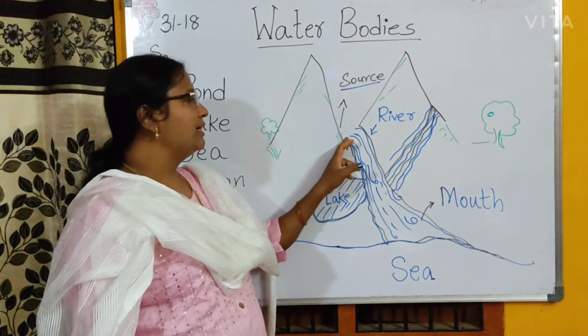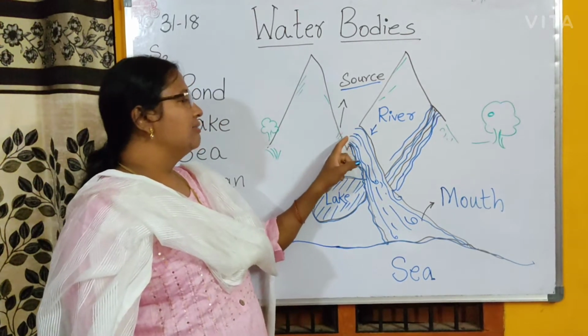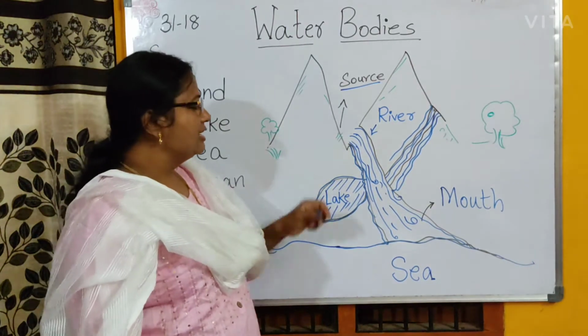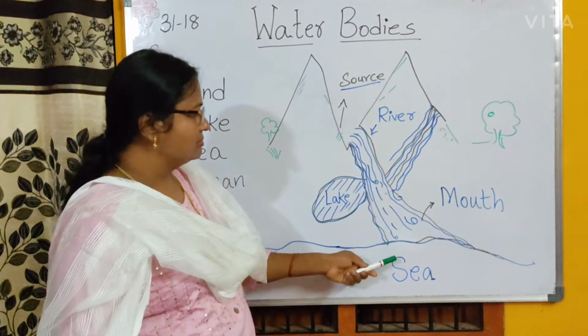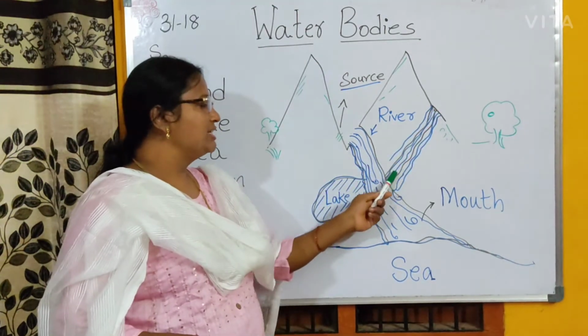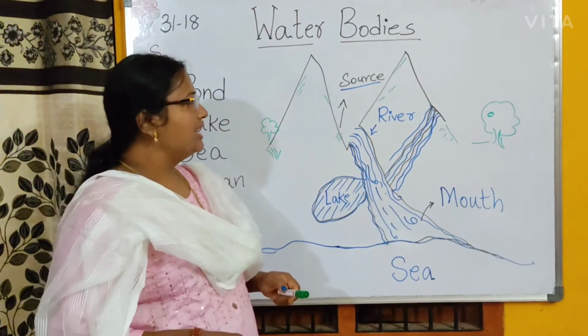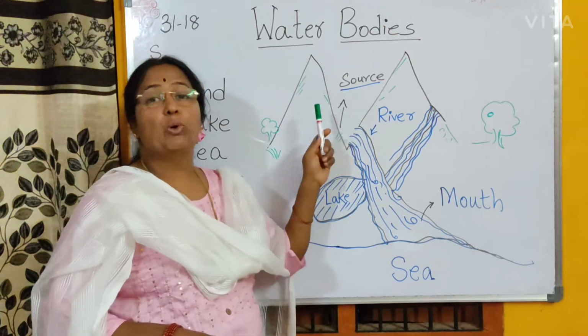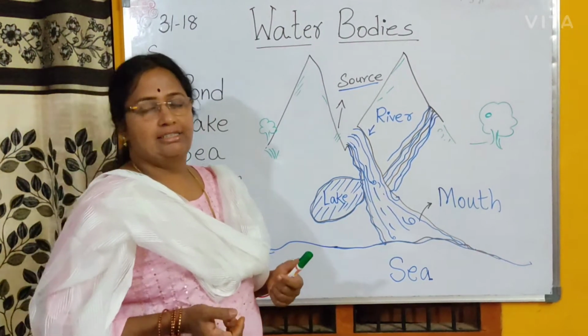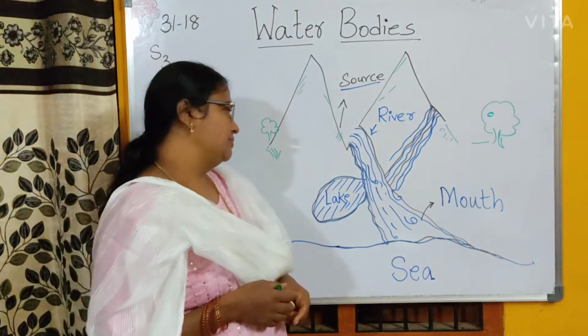So let us see now. From the mountains we get the source of the rivers. Here a river is flowing from the mountain. From here also the river is flowing. So that's why it is called the source. Source means from where we get it, from where it starts.